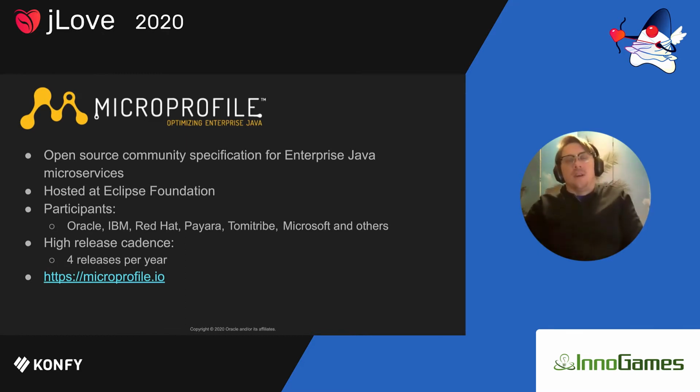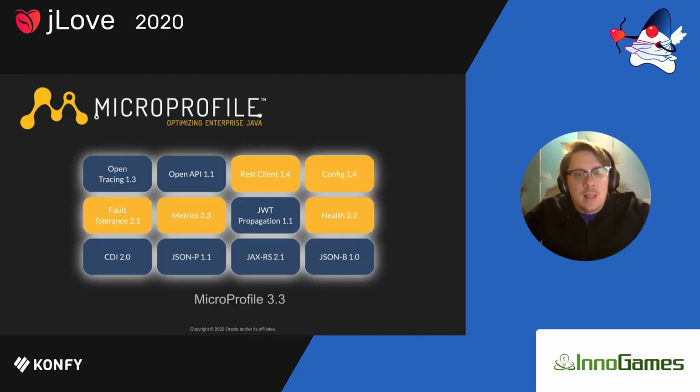It's not only Oracle, it's IBM, Red Hat, Payara, even Microsoft, and actually many others. We get four releases a year, really. It means every quarter we have a minor release, and every year we have a major release. That means this specification is really awesome, and it's really working for us, especially in the microservices world.